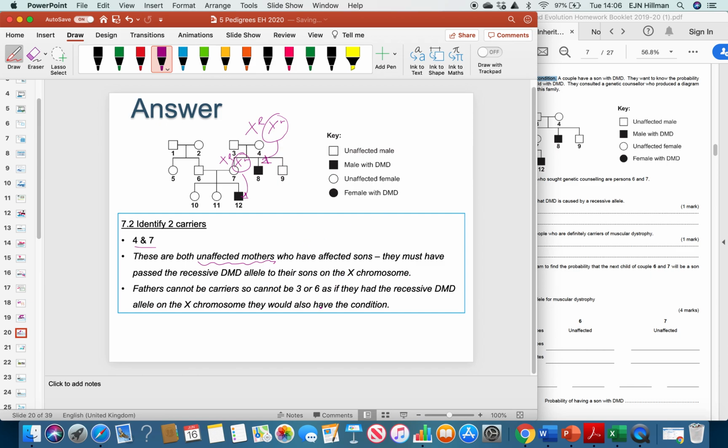Fathers cannot be carriers, so it can't be 3 or 6, as if they had the recessive allele on their X chromosome, they would also have the condition. So we know that 3 and 6 must have the dominant allele on their X chromosome.